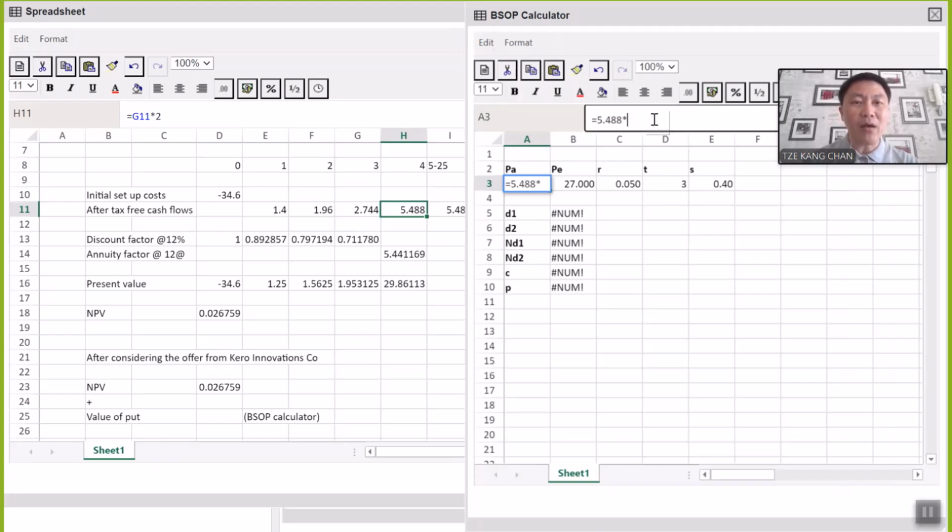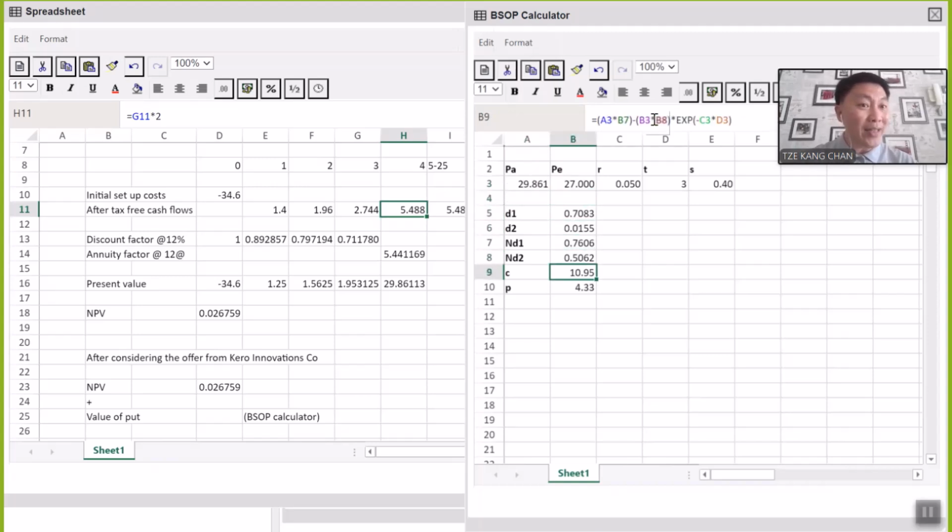So I will therefore multiply with the annuity factor of 5.441169. That is the cumulative discount factor from year 4 right until year 25. So once I have inserted the value of PA, everything is derived at one glance.